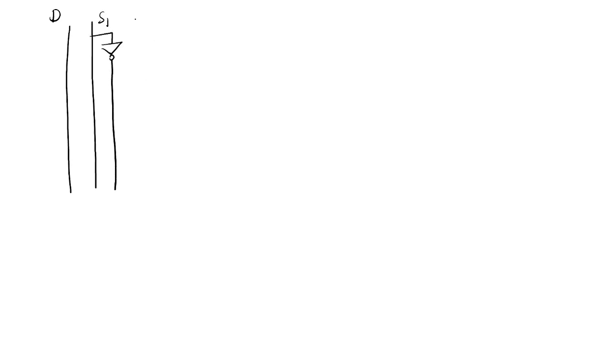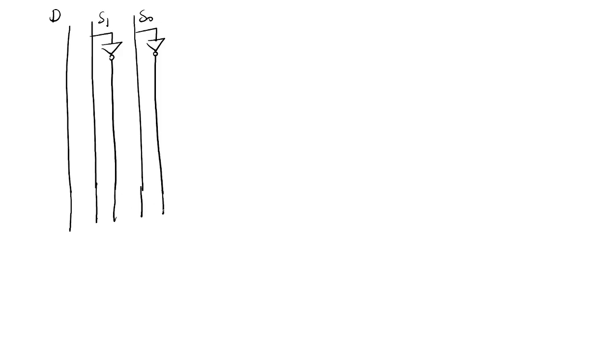So how to draw the logic circuit? Take the D input, and next S1, which is connected to an inverter. This is S1 bar. S naught is connected with an inverter, S naught bar, okay.